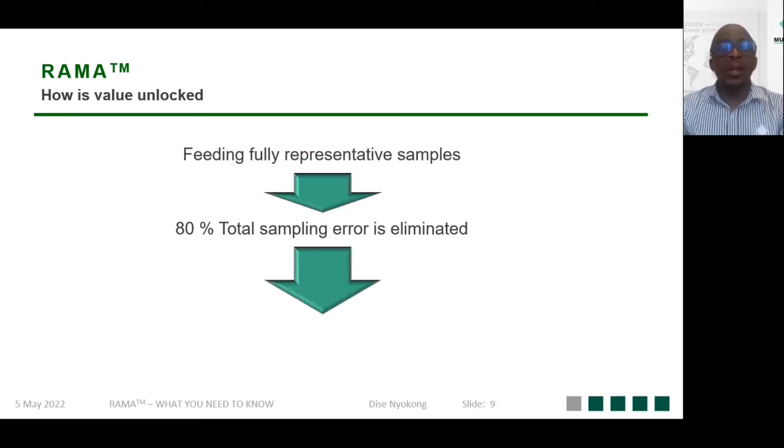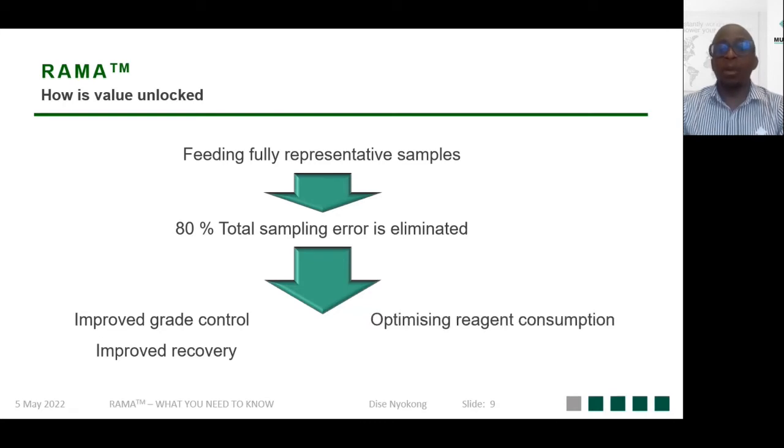And by doing that, it brings a lot of value, whereby there can be improved grade control, improved recovery, and also improved optimization of reagent consumption, for example, in flotation circuits. And there's also no need for analyzer calibration, which normally requires a separate exercise to be done with process control samplers, whereas here you already have correct samplers used to feed analyzers.